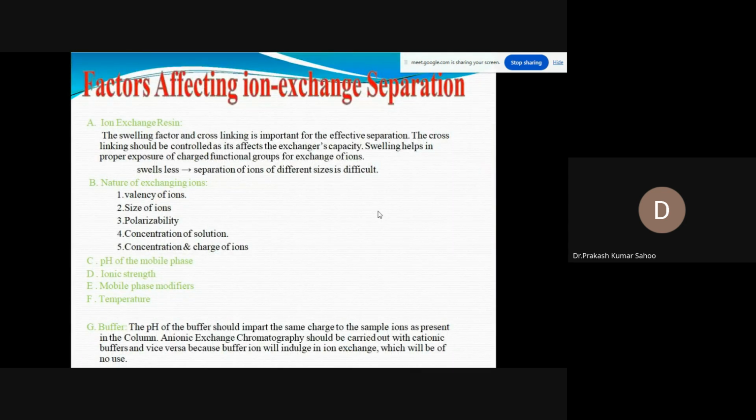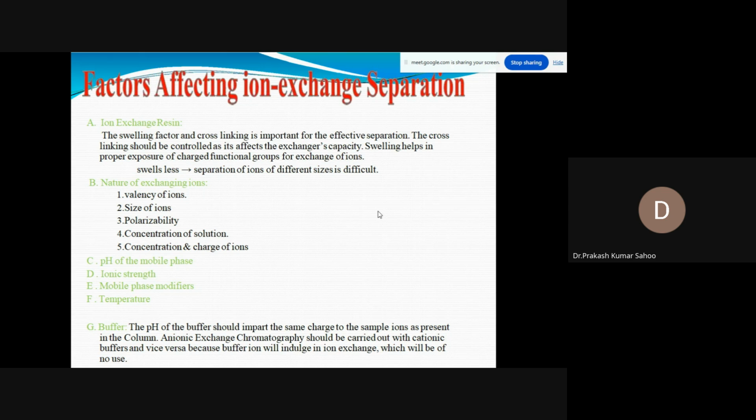So what are the different factors that affect the ion exchange separation? We have the ion exchange resin used as the stationary phase, and also the nature of the exchanging ions.